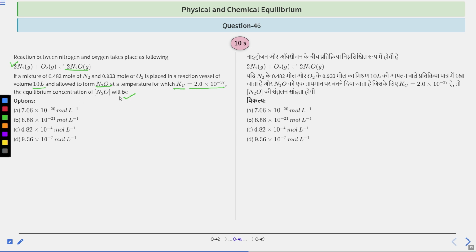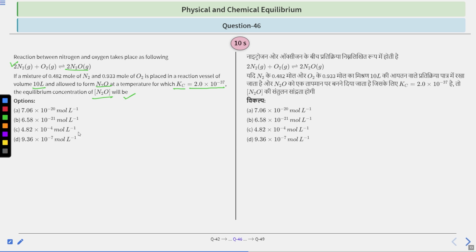So options are 7.06 into 10 to the power minus 20 mole per liter, 6.58 into 10 to the power minus 21 mole per liter, 4.82 into 10 to the power minus 4 mole per liter, or 9.36 into 10 to the power minus 7 mole per liter.